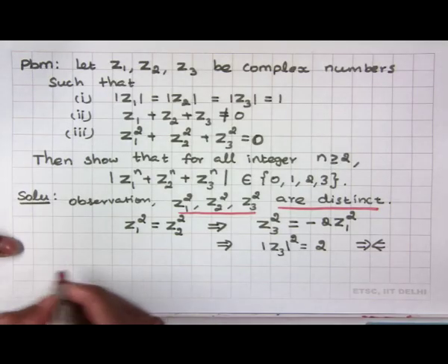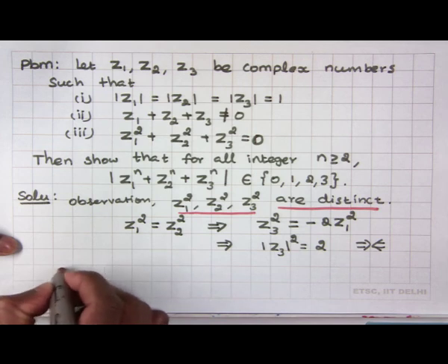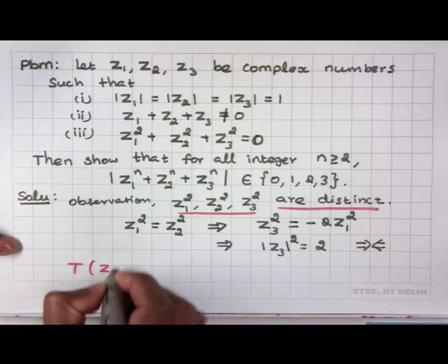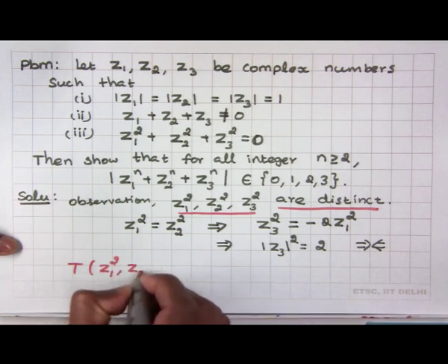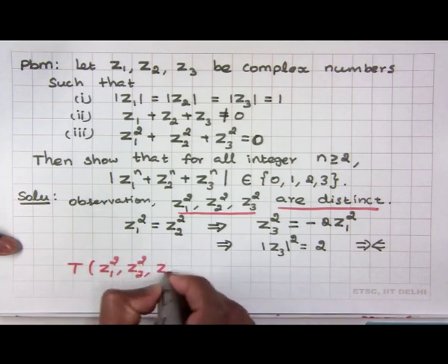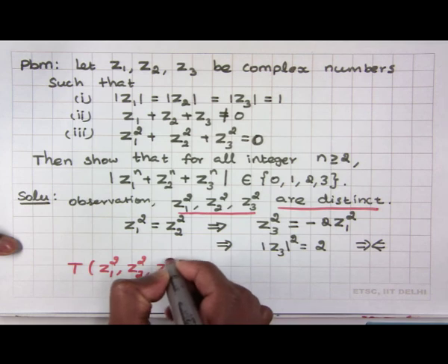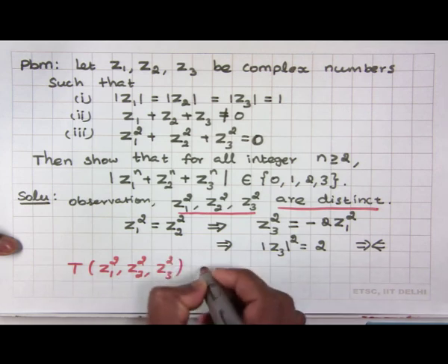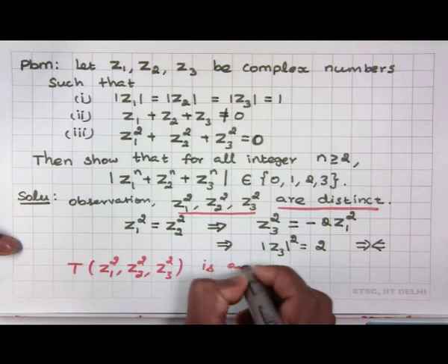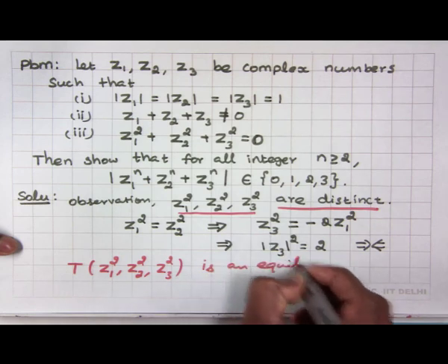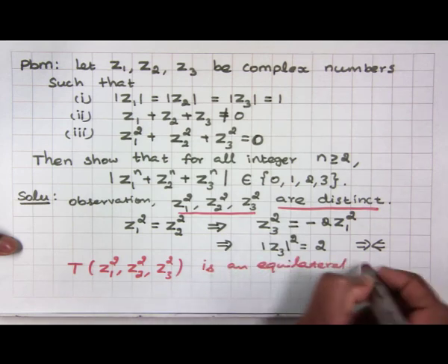Now we observe that the triangle T with vertices Z1 square, Z2 square, Z3 square is an equilateral triangle.